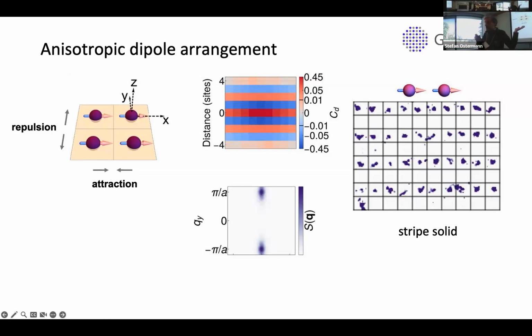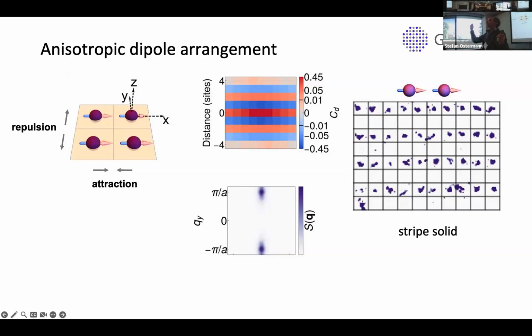Still, I think having the superfluid may help, but we were also surprised how quickly we can go, for example, from a checkerboard to a stripe phase. I mean, again, not zero entropy, so it's not perfectly adiabatic.